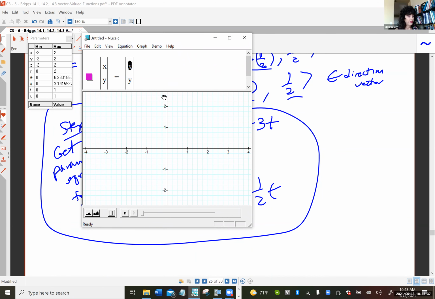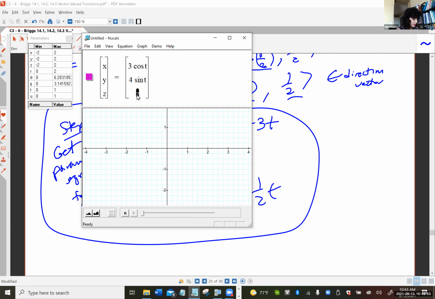You can graph vector valued functions on GeoGebra if you watch a YouTube video, but it's not as easy as my software. That's why I'm just using this, because I don't have to do as much and I'm not as well versed. So I'm just putting in the components of my position vector and seeing about my parameters.